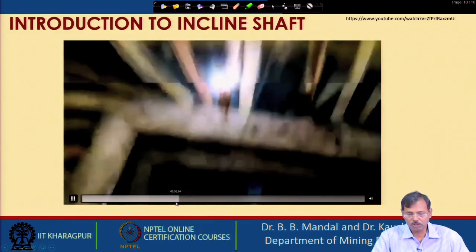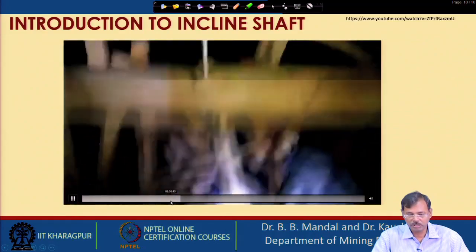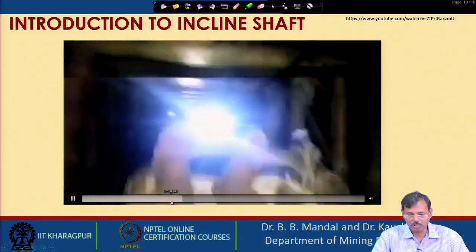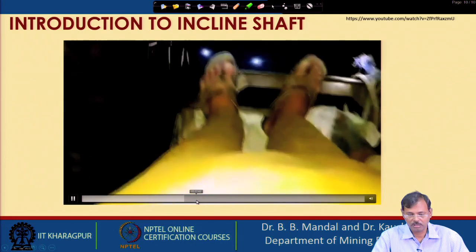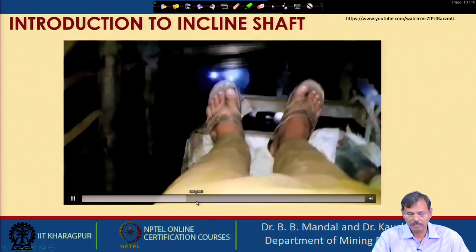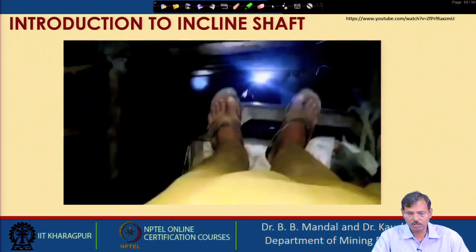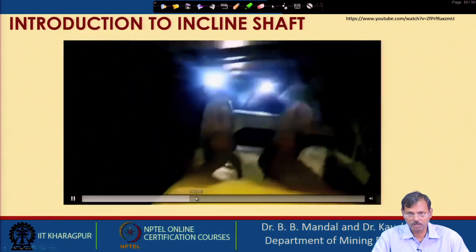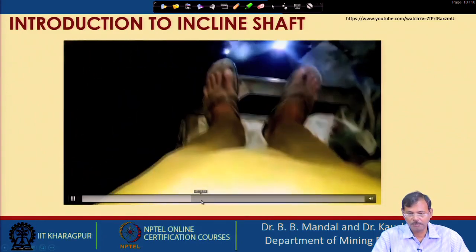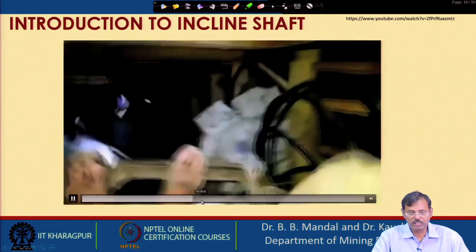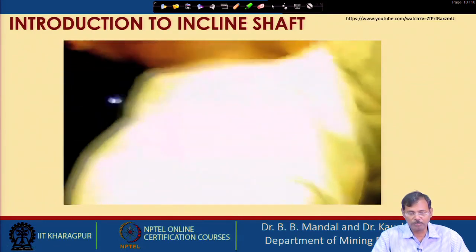Now, it has almost reached close to the face where the incline excavation is going on. So, this is the face up to which this skip is provided.